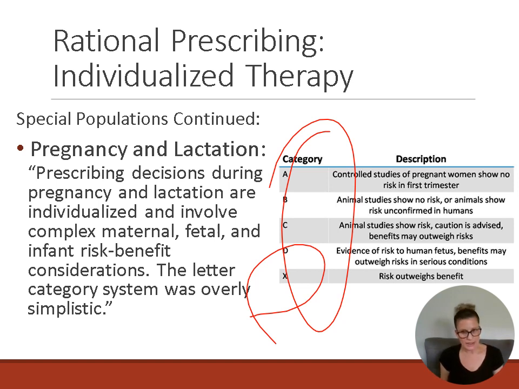So instead, now in the prescribing information, right? Each drug has this whole huge booklet of prescribing information. In that prescribing information, now there's a specific category on pregnancy and lactation.